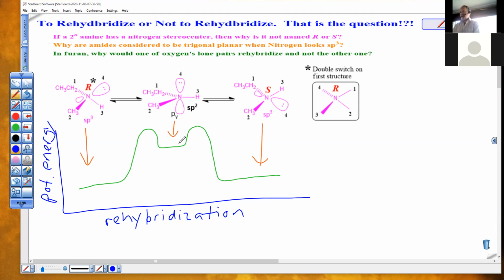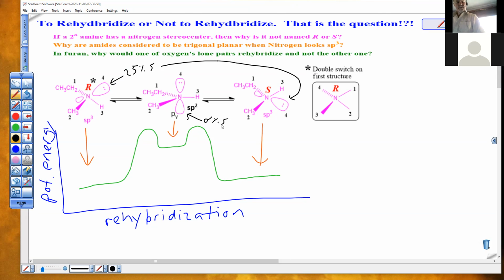And if you are in an sp3 hybrid, that means it's 25% s. And when you're in a p orbital, that is 0% s. You have no s in your nature at all.